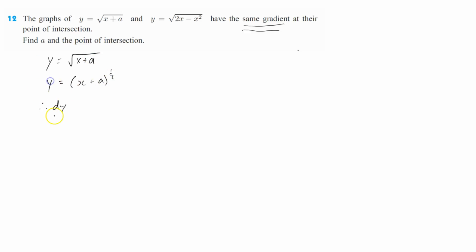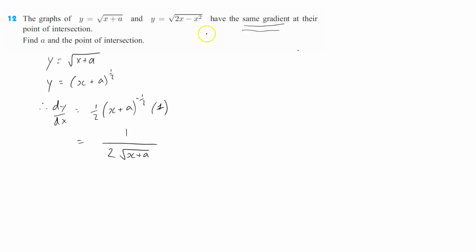So dy/dx for that particular function is equal to 1/2 (x plus a) to the negative 1/2, multiplying by the derivative of the inside, which in this case is just 1, isn't it? Remember, a is a constant, it's not a function, so we don't need to worry about implicitly differentiating that. How can I write that nicely? Well, it's 1 times 1 on top, and it's 2 root x plus a in the denominator.